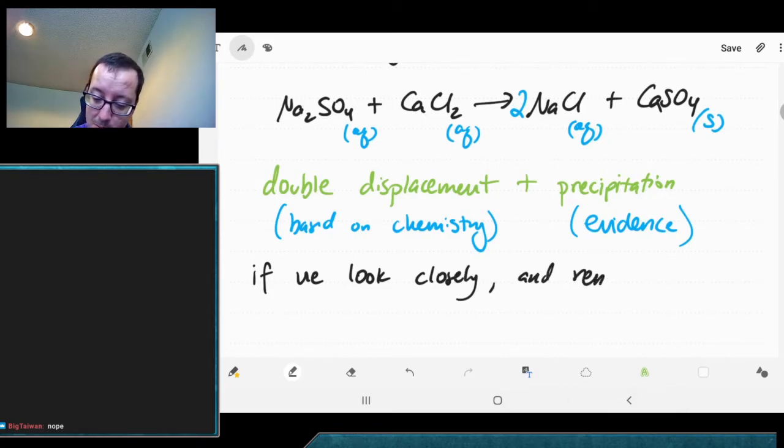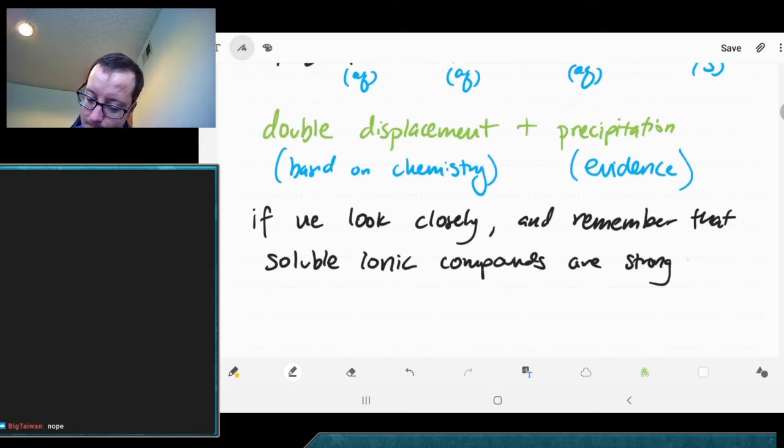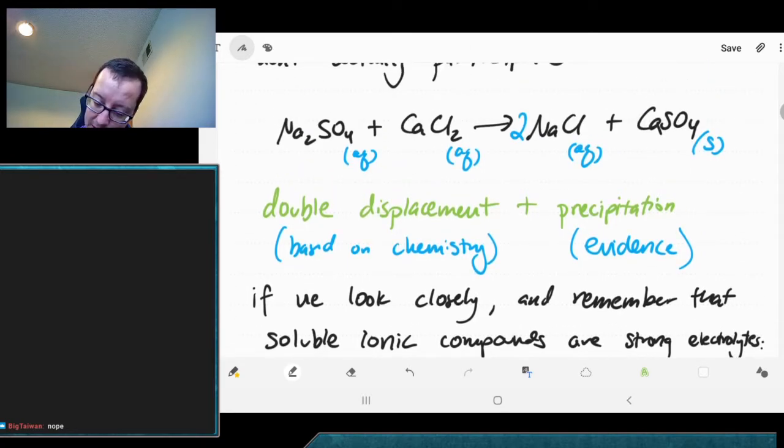and if we also remember that soluble ionic compounds are strong electrolytes, we see, if I just duplicate this reaction, let's just copy it.